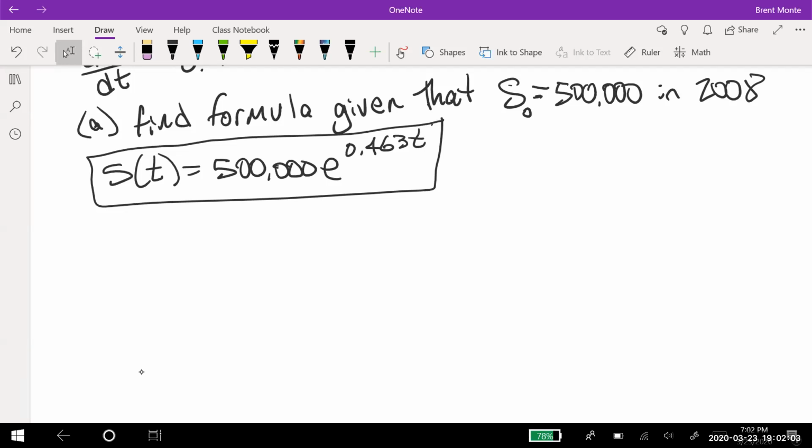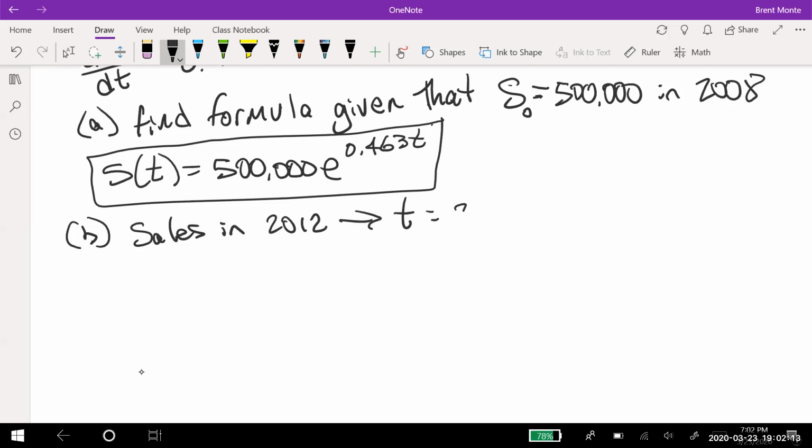B says estimate the sales in 2012. What that tells me is time, 2012 minus 2008, is 4 years after we started. So I'm just trying to find S of 4. I'm just going to do this on my own calculator.